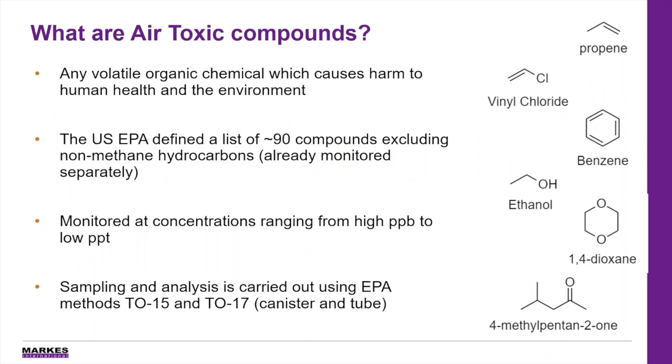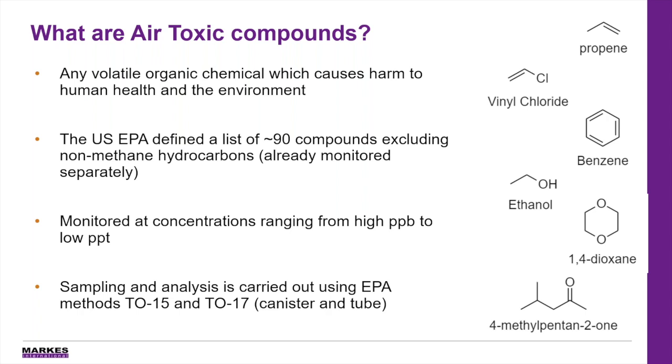So what are air toxics? Well, air toxics are any volatile organic chemical which causes harm to human health and the environment. Now, the EPA listed about 90 compounds, excluding some of the non-methane hydrocarbons, which were already monitored separately as part of the PAMS method.